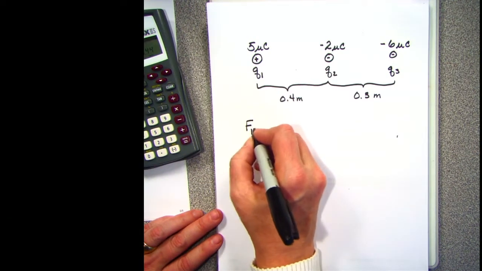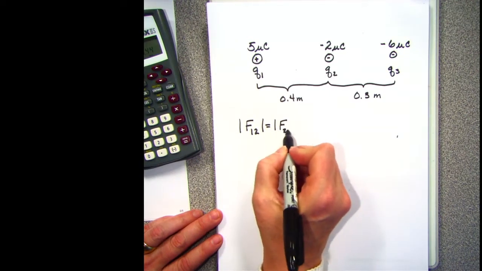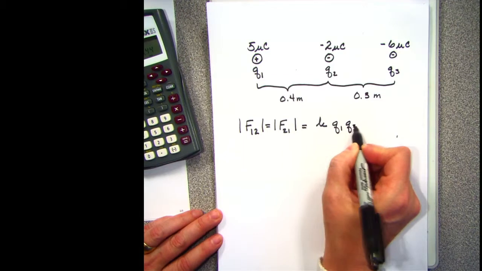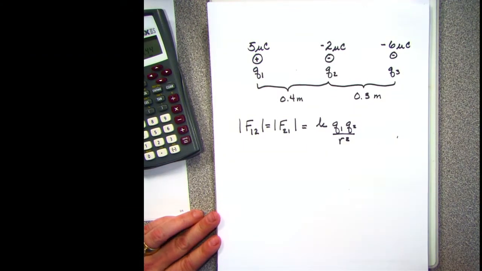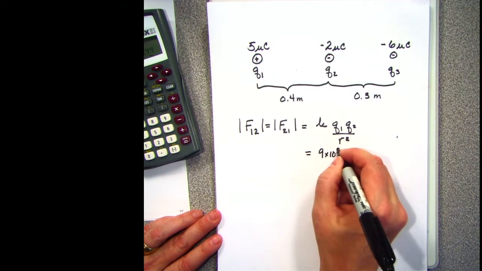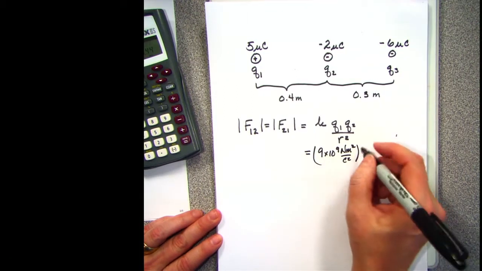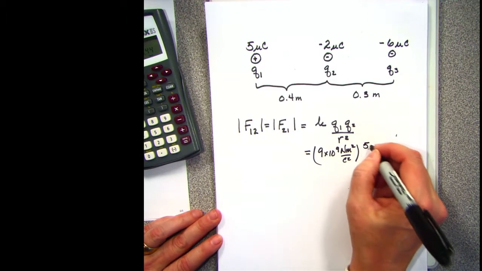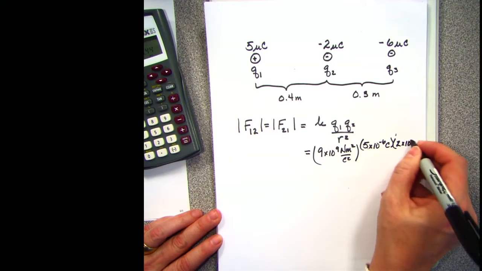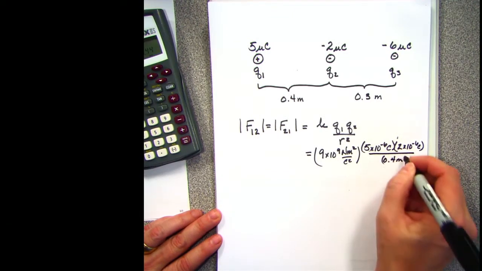I've got force 1 and 2, so the magnitude of the force between 1 and 2 is going to equal the magnitude of the force between 2 and 1, which is going to equal K Q1 Q2 over R squared. My K is 9 times 10 to the 9th Newton meters squared per coulombs squared. My charges are 5 times 10 to the minus 6 coulombs and 2 times 10 to the minus 6 coulombs, and R is 0.4 meters squared.